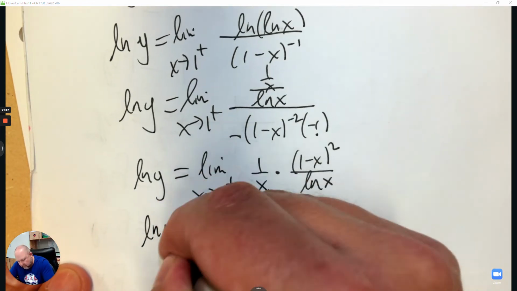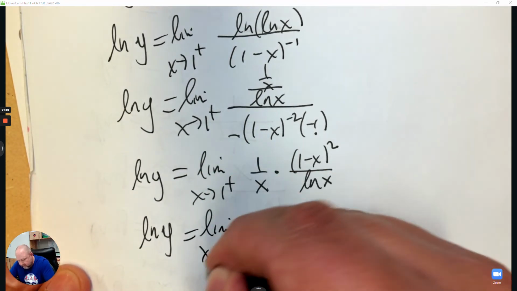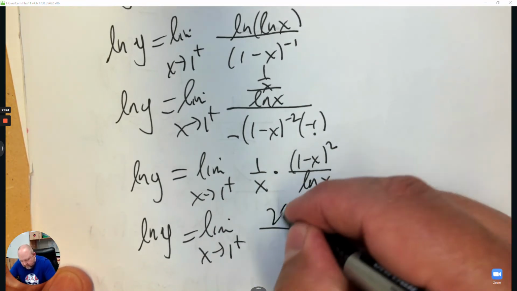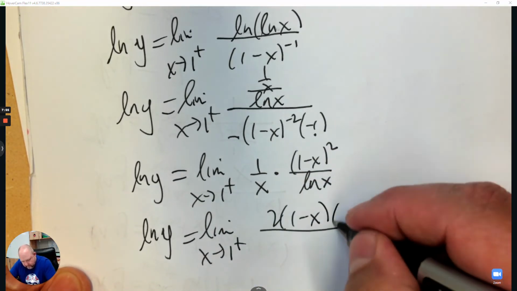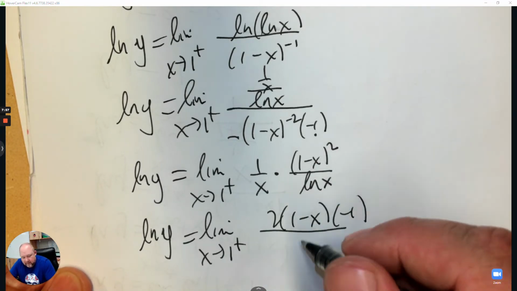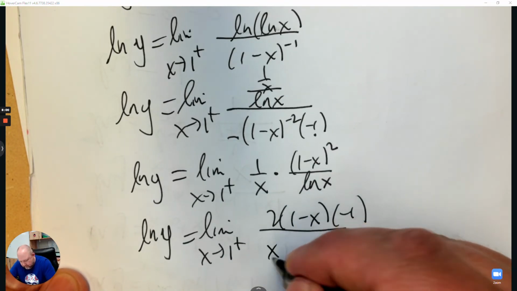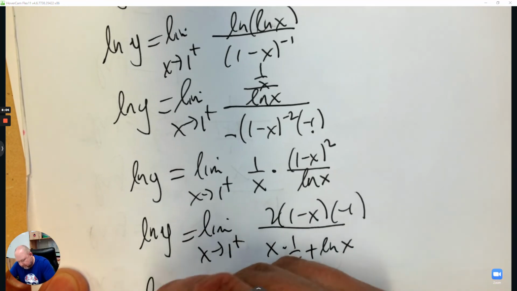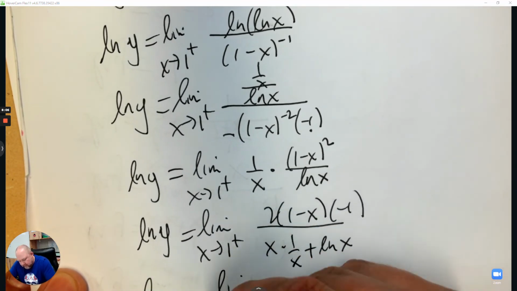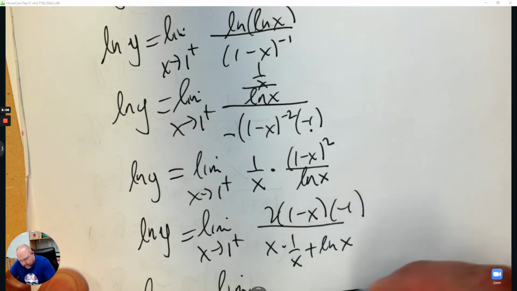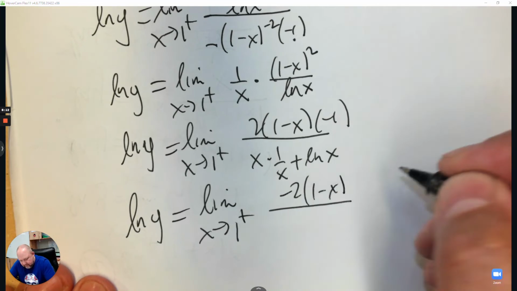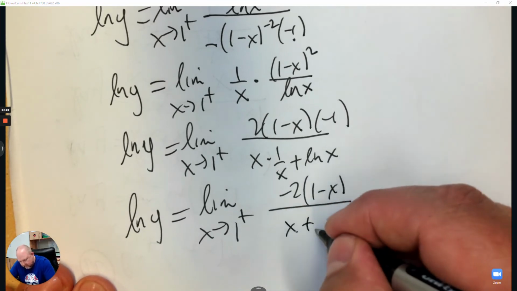So again, I'm going to do L'Hopital's rule again. This is a tedious one. So the top, and then the bottom is the product rule. The first times the derivative of the second plus the second times the derivative of the first. So we have negative 2, 1 minus x, x plus ln x.